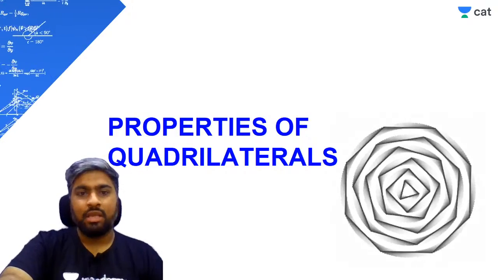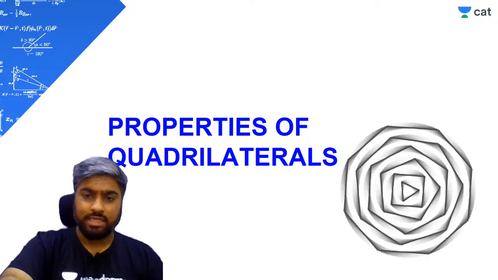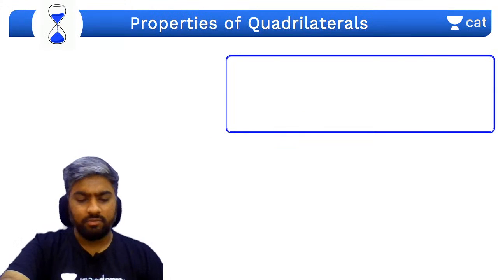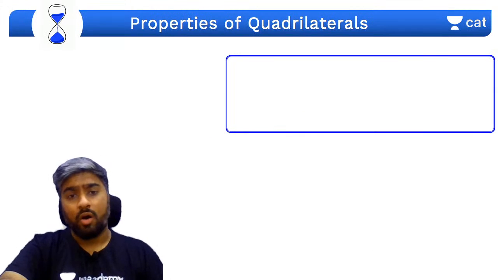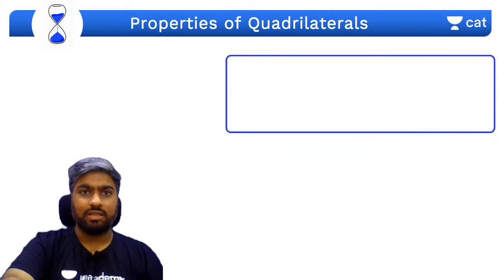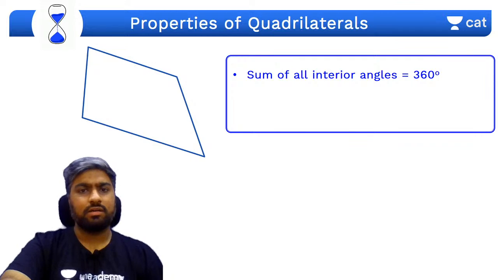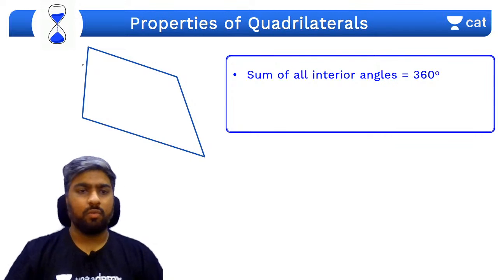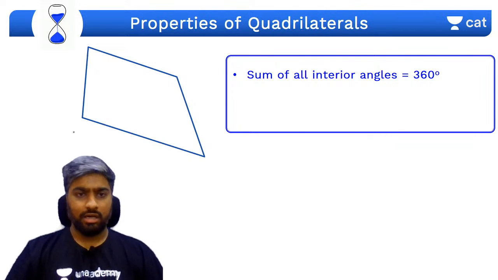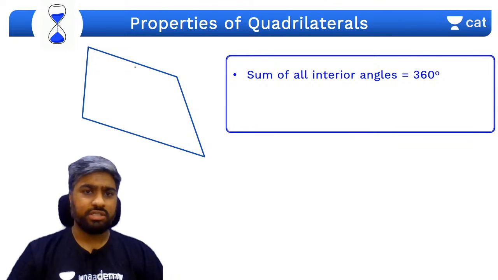Right, let's go. Let's talk about properties of quadrilaterals. General properties of quadrilaterals that apply to all quadrilaterals, not specific to any one kind. First things first, a quadrilateral is a four-vertex, four-sided closed figure.